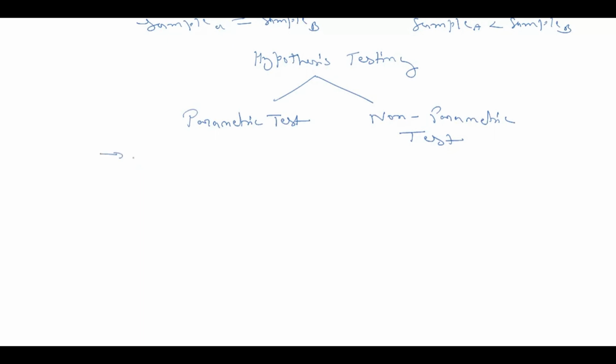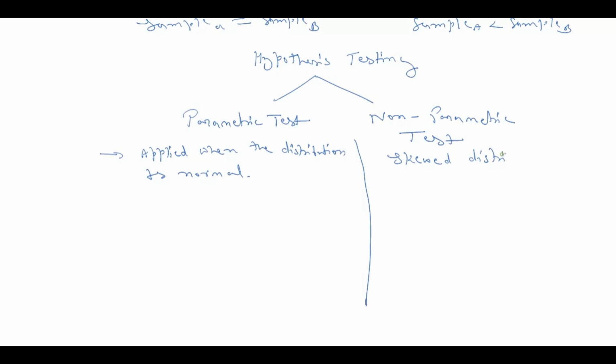For parametric test, there are certain conditions. First of all, the distribution should be normal. So parametric test is applied when the data distribution is normal.